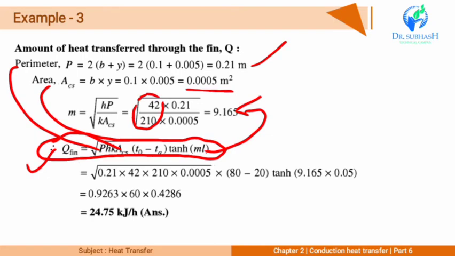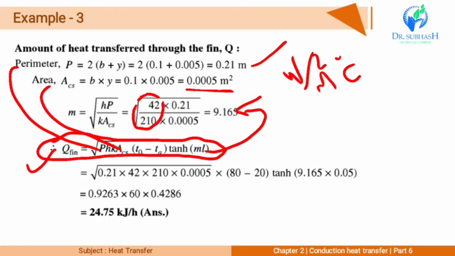Now you see that here there is no need to convert the unit from kilojoule per hour per meter square degree centigrade into watt per meter square degree centigrade, because in the numerator h is there and in the denominator k is there, so both hour cancel out.